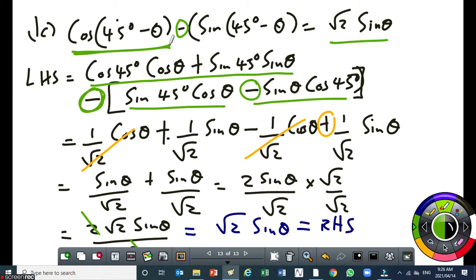Then sine 45 degrees minus theta, that's its expansion. It will be sine 45 times cosine of theta minus sine theta times cos 45 degrees. But before I did that, I had to take into account this negative, because you can make a silly mistake because of that negative.